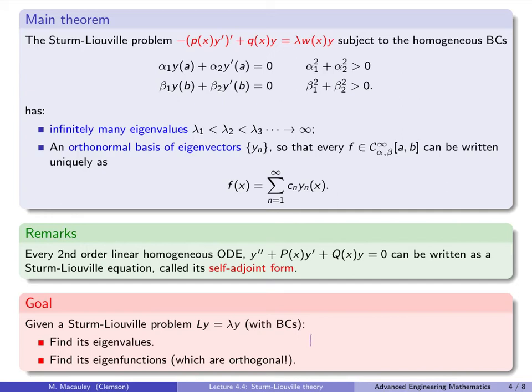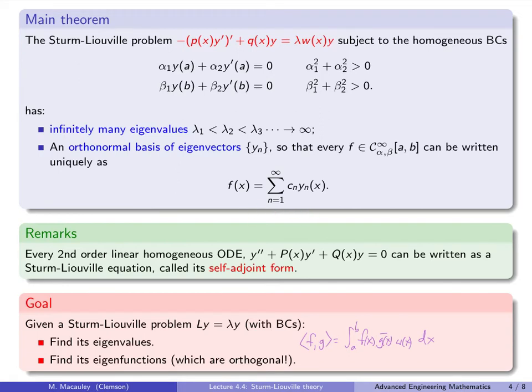And remember, that's orthogonal with respect to the following inner product: f dot g is the integral from a to b of f of x, g of x bar, w of x dx. And once we have that, we can write any function that satisfies this ODE and these boundary conditions using these eigenfunctions in a generalized Fourier series type thing like this.